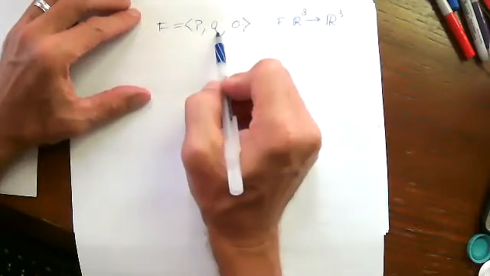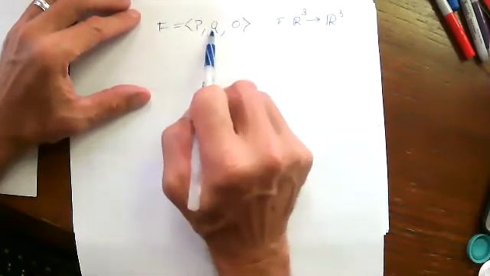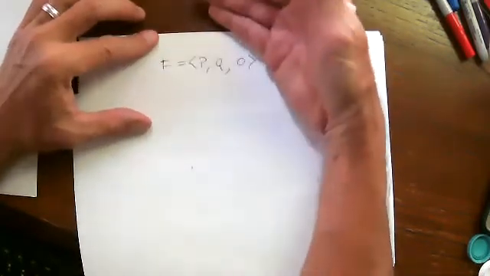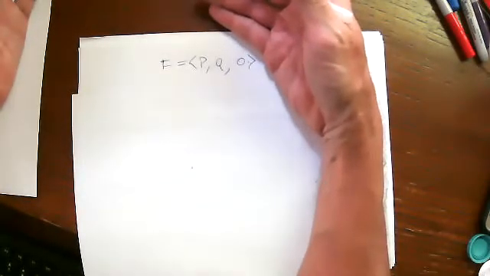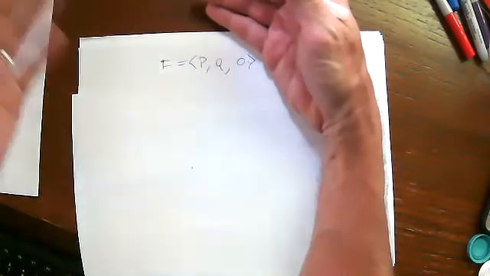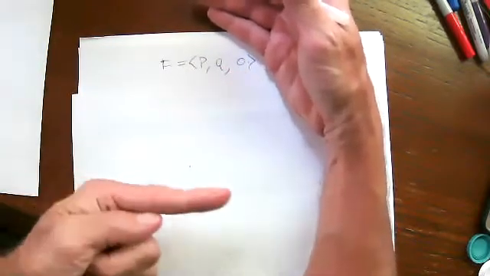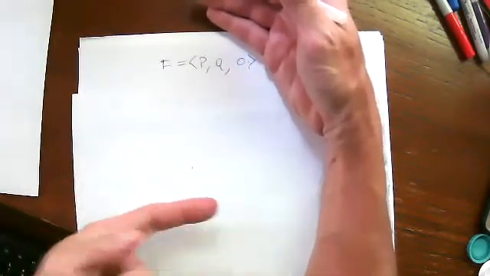I started with a vector field on the plane. So P and Q were functions of just x and y, and I spat out just two components, the x and y components of the vector field. If I simply attach a 0 at the end, now every combination of an x and a y will give me a vector in three-dimensional space, but since the third coordinate is a 0, that's still just making the vector flat in the xy plane.